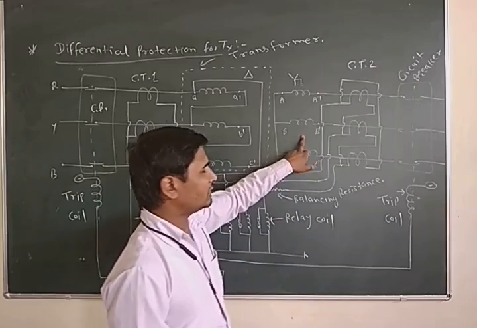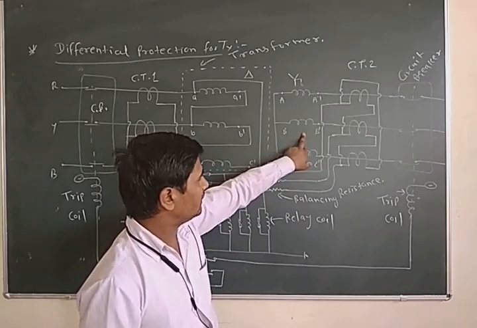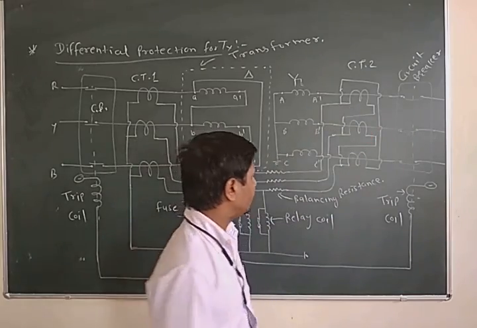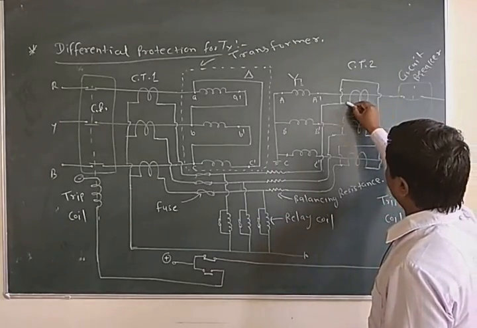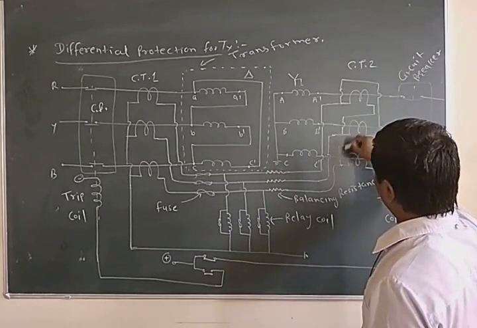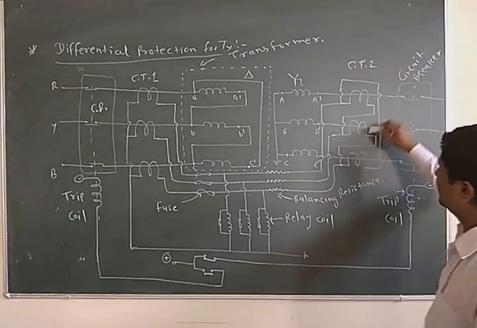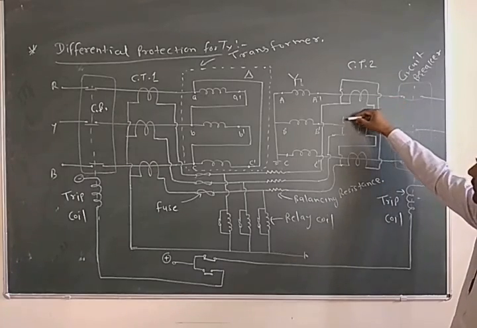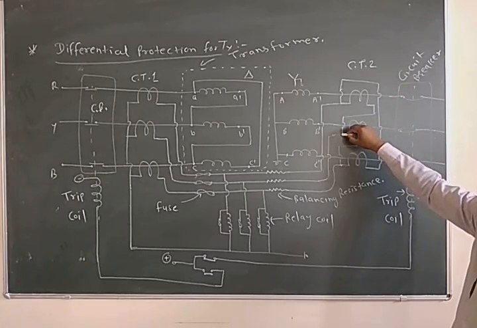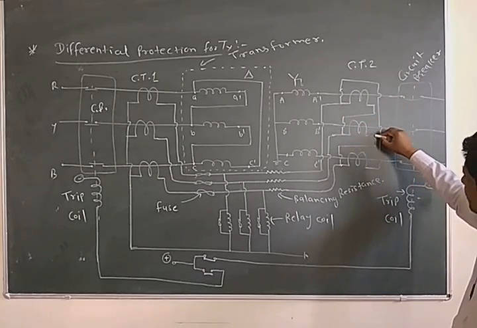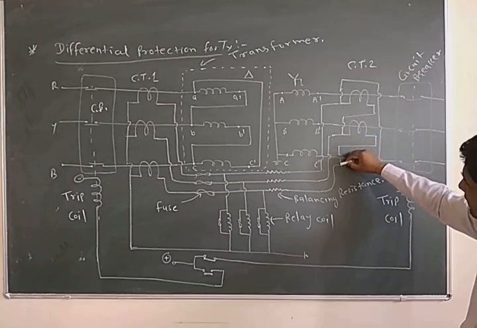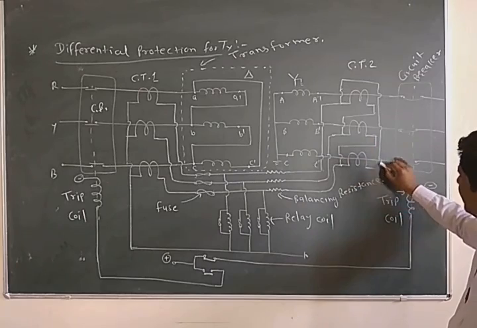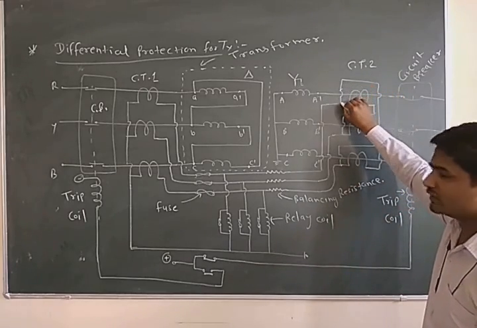Similarly, if the winding connection of the transformer is star, then the CTs of that side will be connected in delta. So here the CT of each phase is connected in delta configuration. Delta means the second point of CT1 is connected to the first point of CT2, the second point of CT2 is connected to the first point of CT3, and the second point of CT3 is connected to the first point of CT1.